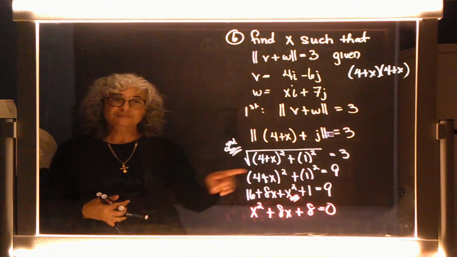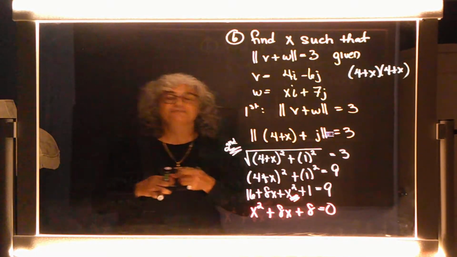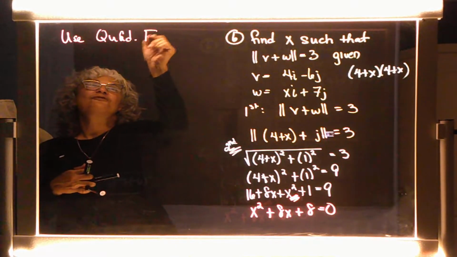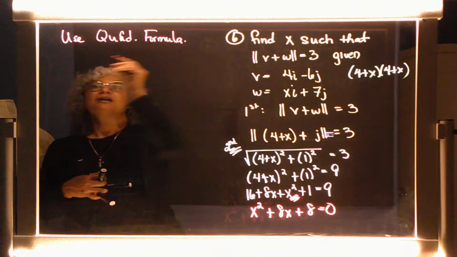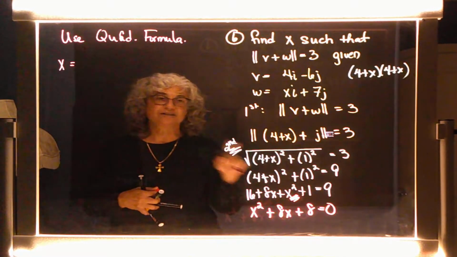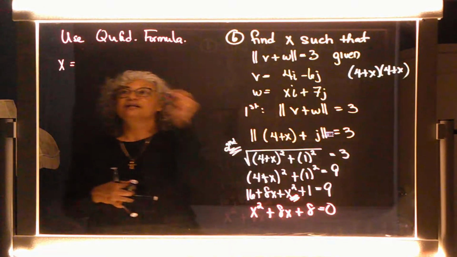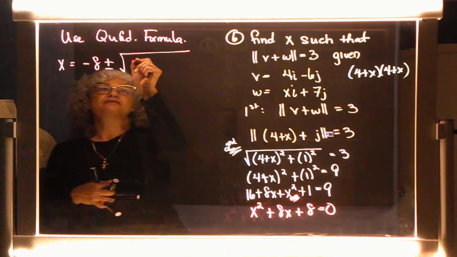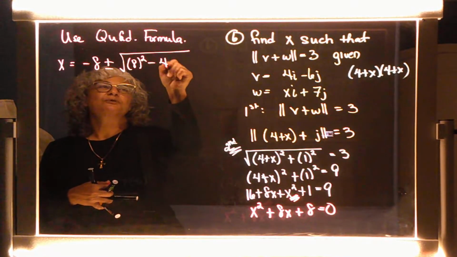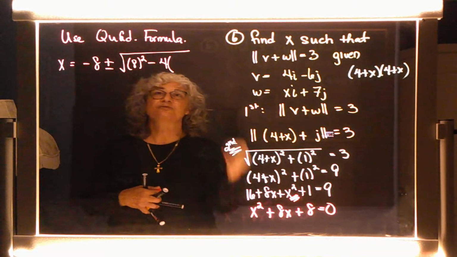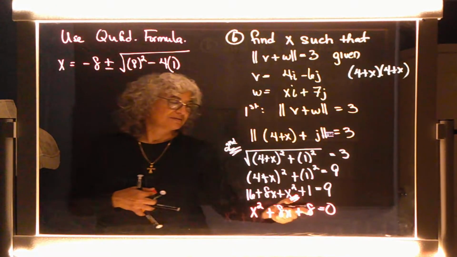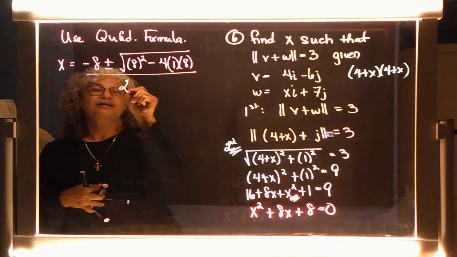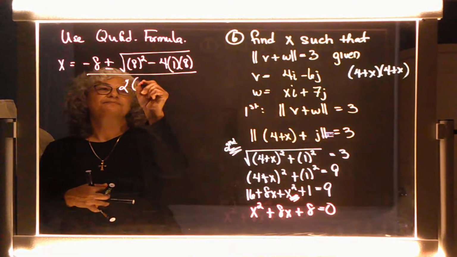Okay. I'm solving for x, aren't I? So, use the quadratic formula. x is going to equal negative b, so the negative 8, plus or minus the square root of b, which is this positive 8, squared, minus 4 times a, which is 1, times c, which is 8, all over 2 times a, which is 1.